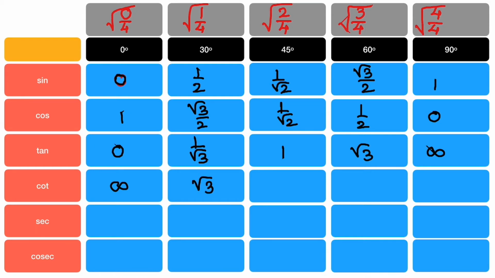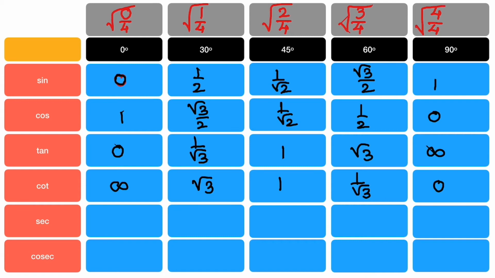Cot 45 will be reciprocal of 1, that is 1. Cot 60 will be the reciprocal of root 3, that is 1 upon root 3. Cot 90 will be the reciprocal of infinity, that is 0. Here we remember that whenever the denominator is infinity, the value of the fraction becomes 0.